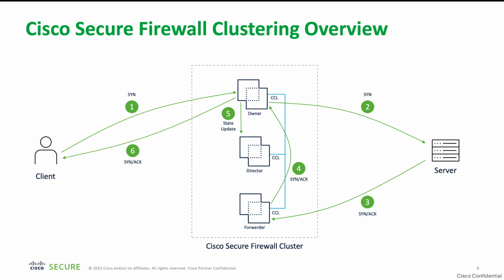Finally, the owner forwards the SYN-ACK back to the client. From this point on, any packet that hits the forwarder is redirected to the owner. If packets land on any node other than the forwarder, that node queries the director to discover the owner and builds the forwarding path. So this is how the connection is established between the client and server.